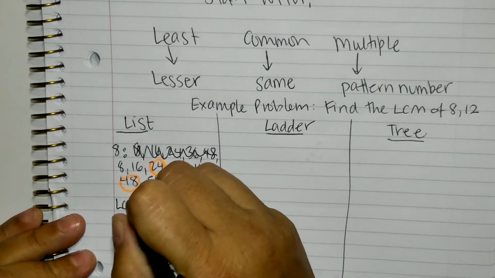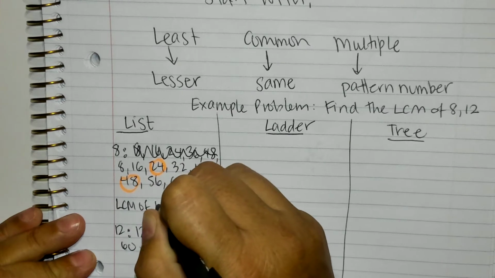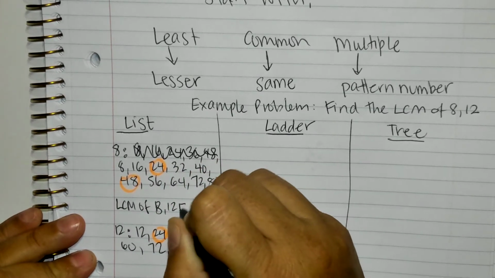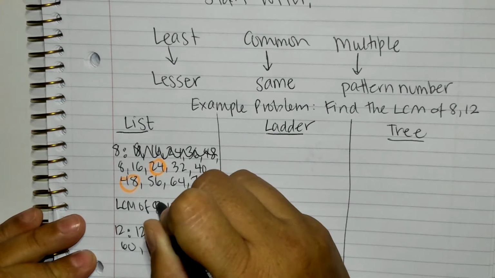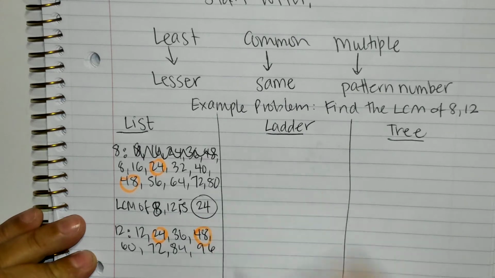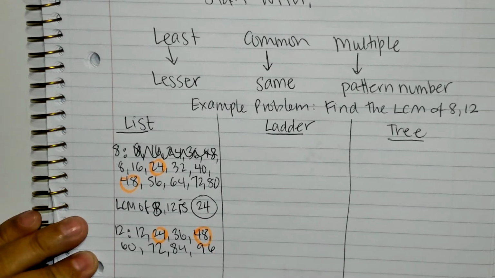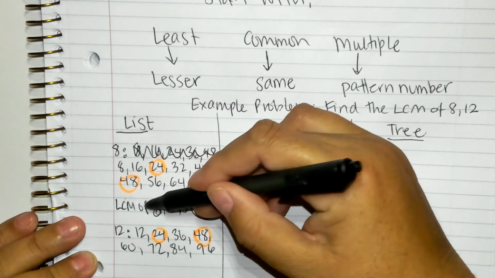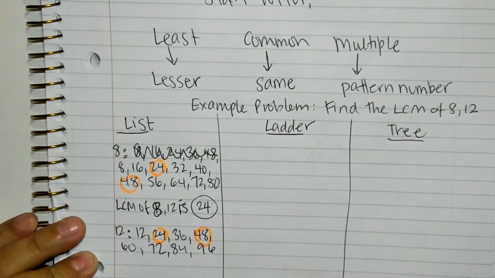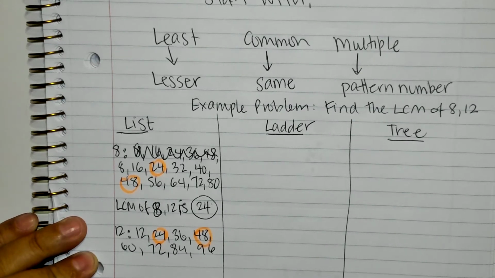So the LCM of 8 and 12 is, you guys, I'm sorry, I'm having trouble writing, 24. This says LCM of 8, 12 is 24. Okay, so there's our list method.